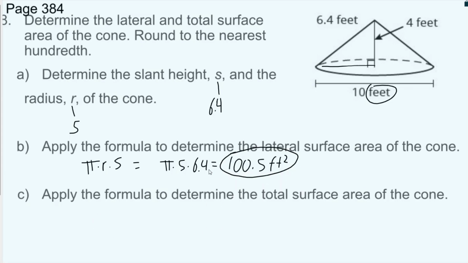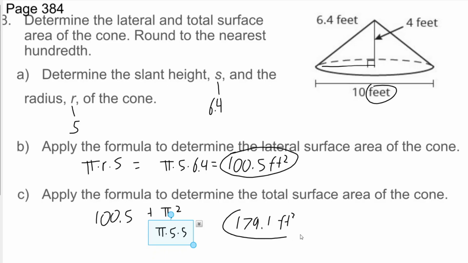Well, that's going to be this number plus pi r squared, with the radius being 5. So that's going to be pi times 5 times 5, which gives me 179.1 feet squared.